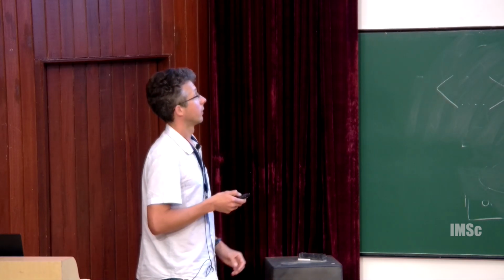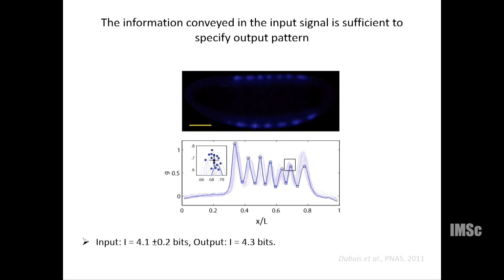But this is not the case, and in this work, Dubuis and others, Gasper, Gregor, they show that the number you get from the input signal, and what you get with this other formula, are very close to each other. So you get this 4.2, let's say, bits of positional information in the pattern in Drosophila.